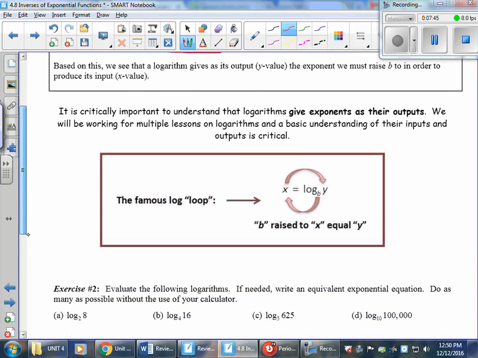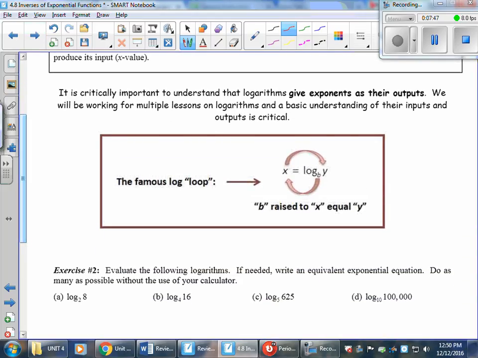All right, so here's this little bit of a loop I like to use, because I like to start with base b, and I say b raised to the x is equal to y. All right, so that's something I don't have on your page, so I think you should maybe write that down. So that will work for anything. So in other words, if I just use my example, log base 2 of x is equal to y.